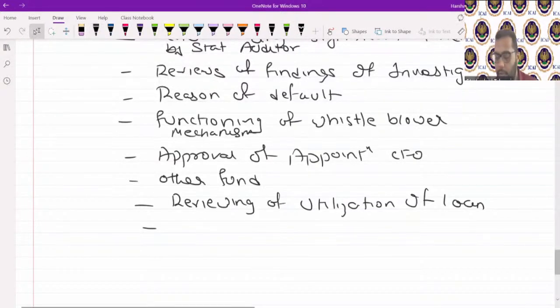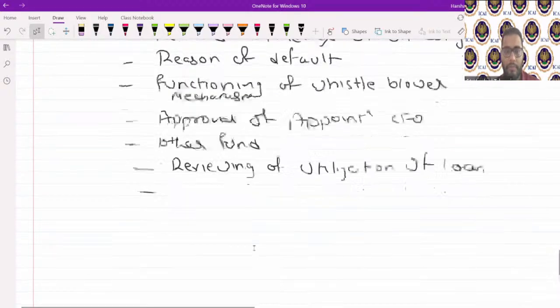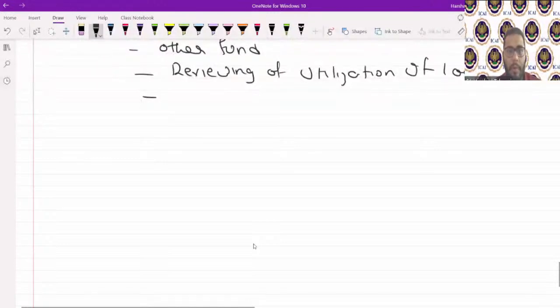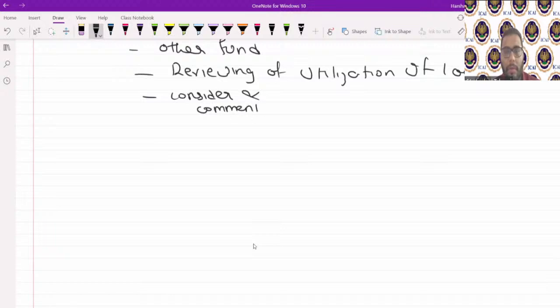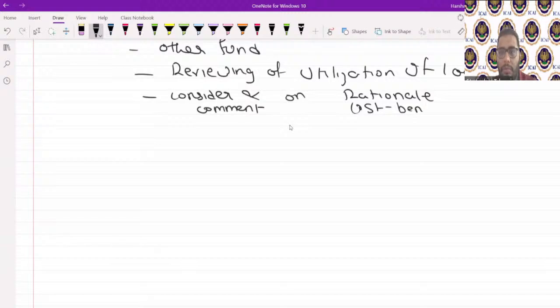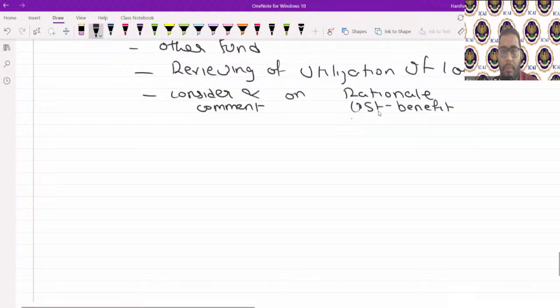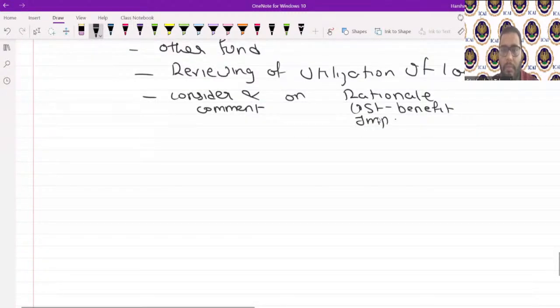So three things: consider and comment on rationale, cost benefit and impact, of schemes.